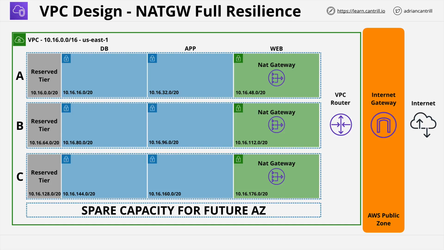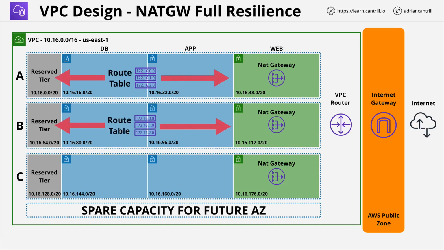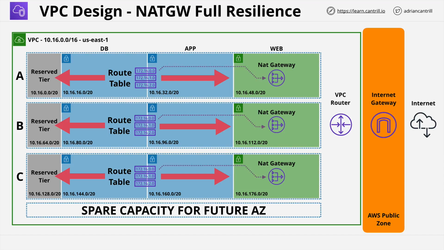And then as a minimum, you need private route tables in each availability zone, in this example AZA, AZB, and then AZC. Each of these would need to have their own route table, which would have a default IP version 4 route, which points at the NAT gateway in the same availability zone. That way, if any availability zone fails, the others could continue operating without issues.